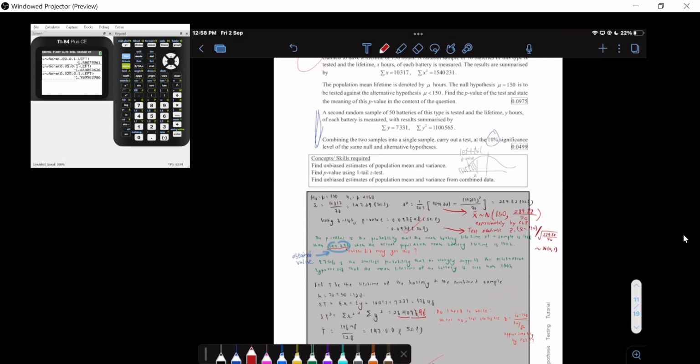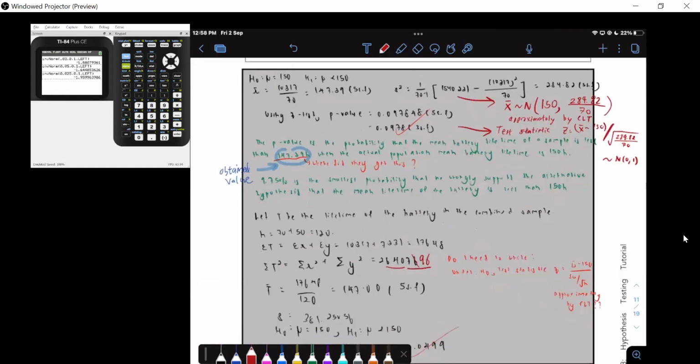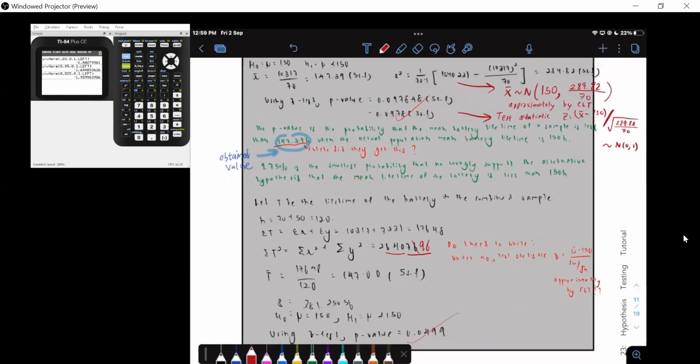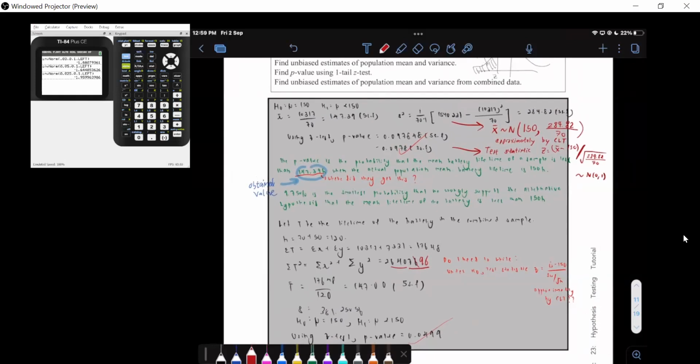Then therefore we can now calculate our t bar. Hold on. Wait. t bar. Yes, you just need to take your sum of t, then divide by the sample size, and then you get your t bar.